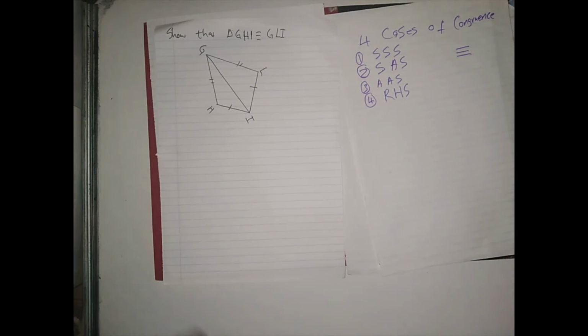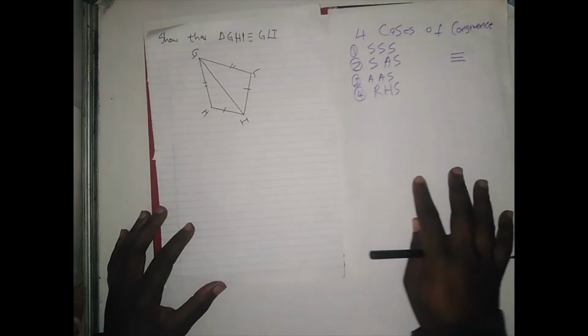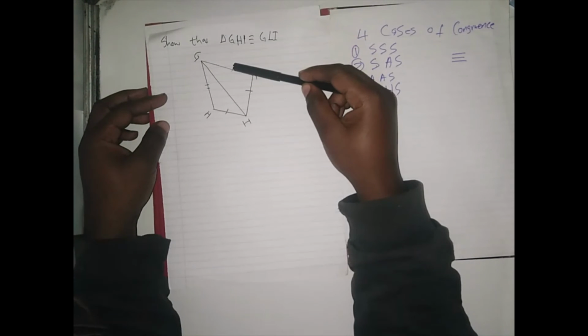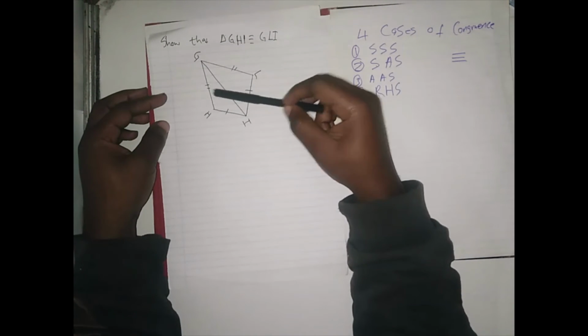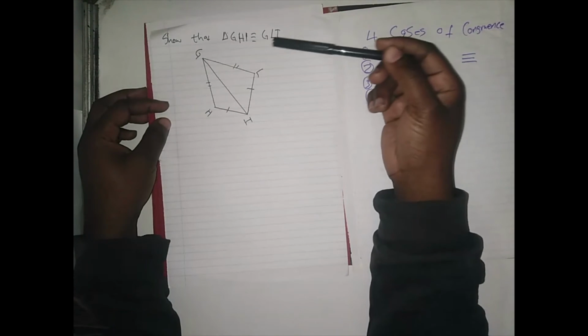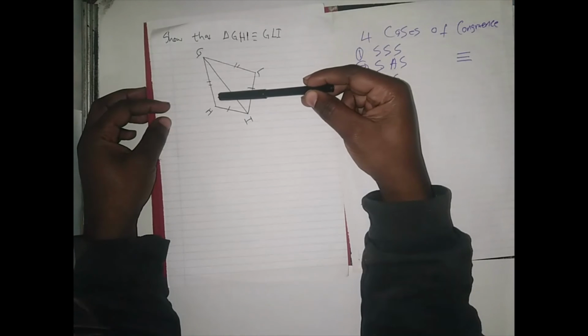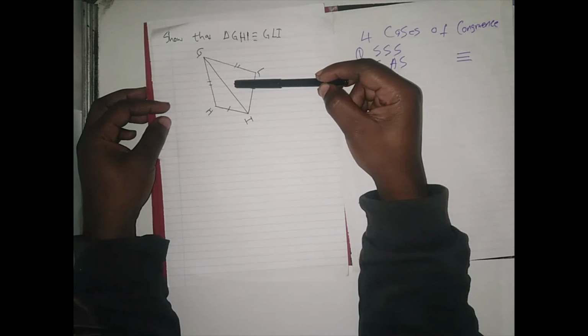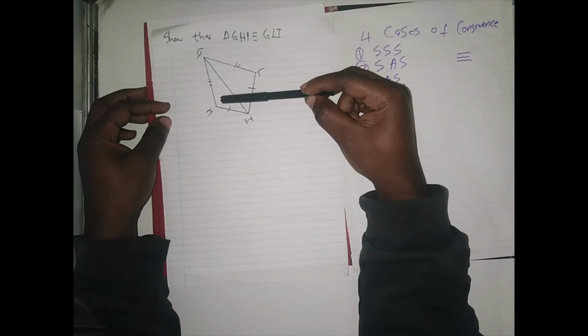Okay, ladies and gentlemen, let us then deal with the last case. Now I want you to notice, can you see you've got this side being equal to this side, and then you've got this side being equal to this side. Now I want you to look at these two things properly. You've got this triangle being congruent to this triangle. When you look at this triangle, it visibly looks bigger than this triangle.